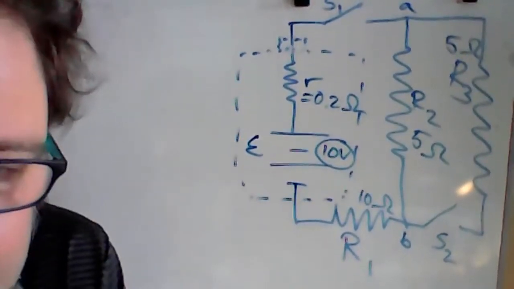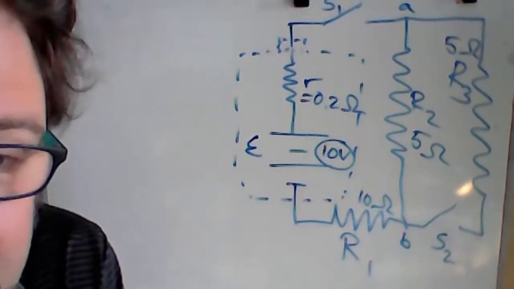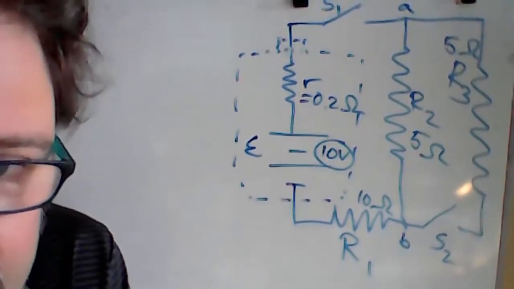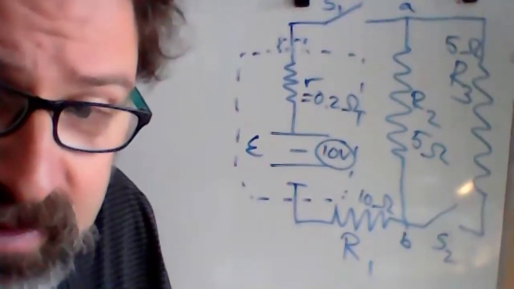Both the switches are open. How much current flows through your circuit? 0. No current flows. How about the segment between A and B? How much current flows there? 0. If there's no current flowing through a resistor, how much voltage drop is there? 0. Yeah. 0.